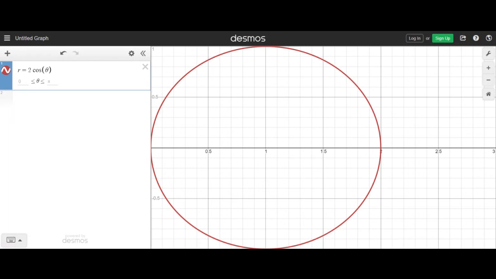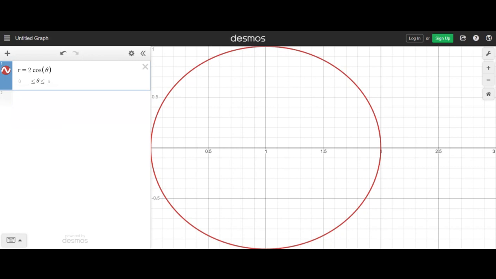Well, first, are there any questions on this? By the way, this polar graph looks like a circle of what radius? r equals 2 cosine of theta appears to be a circle of what radius? Radius 1. Good.